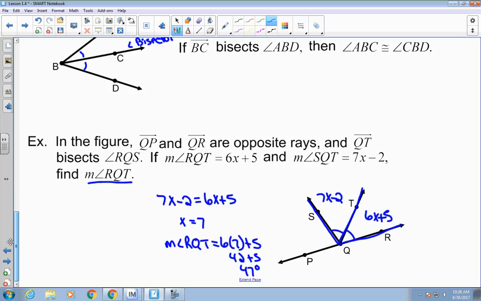Okay, no problem. Let's say, and I'm not going to work these out, I just want you to know how to set them up. This is 7x minus 2, right? Let's say I told you that this big angle here was 78, and I want you to find x. And we still know that QT bisects, right? What would you do?